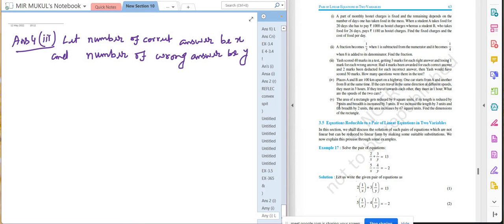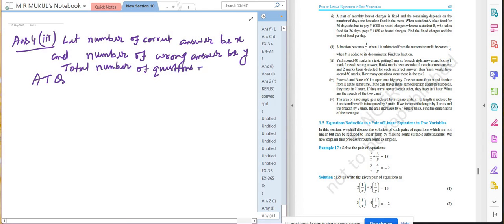Okay. So now what is the condition? According to the question, in the first case, for correct answers, the total number of questions will be x plus y, right?